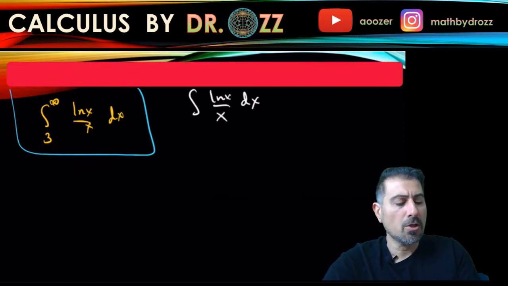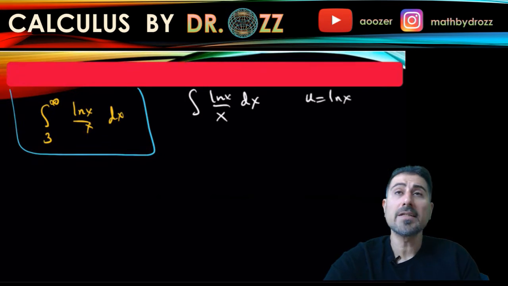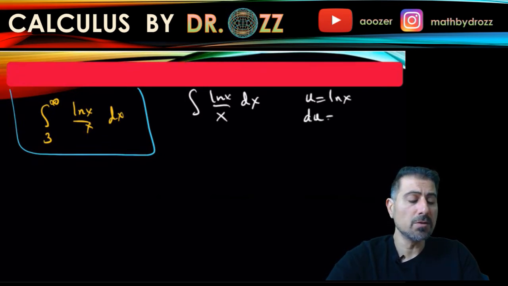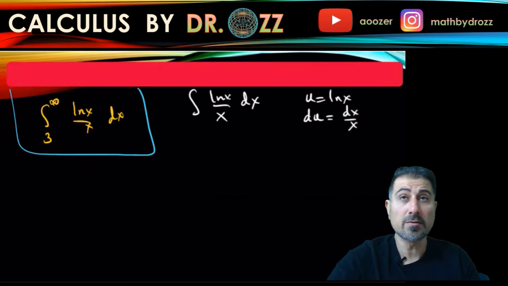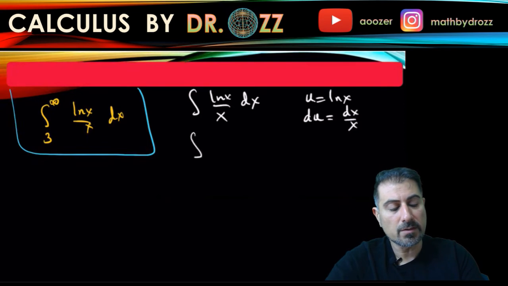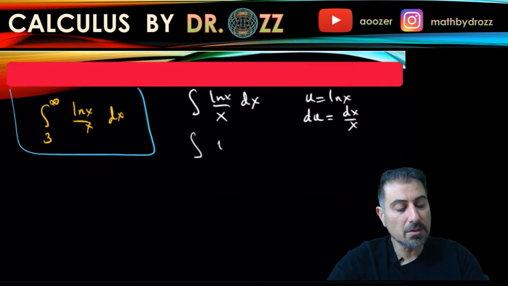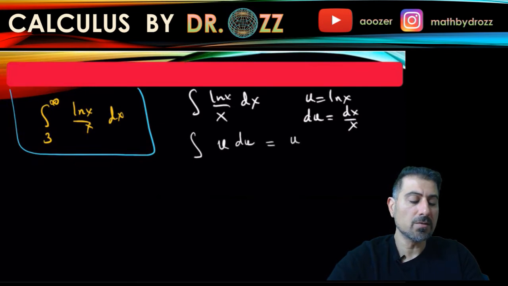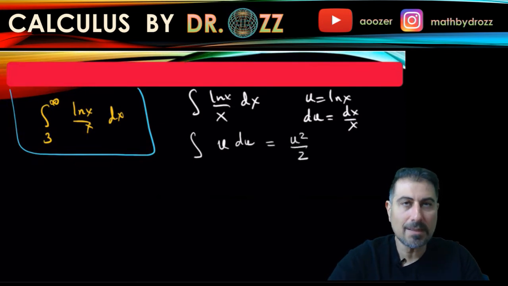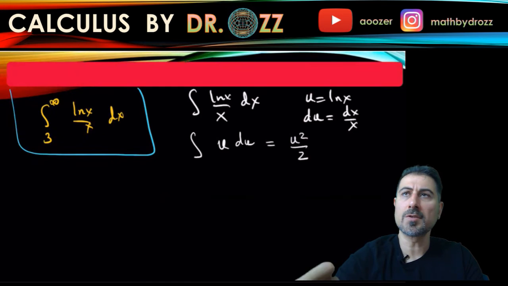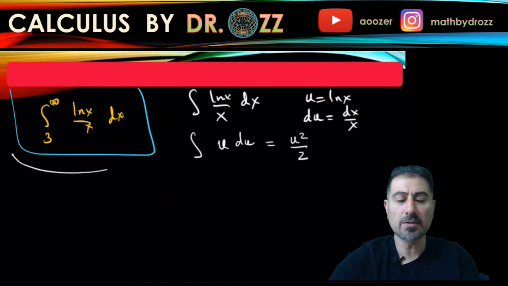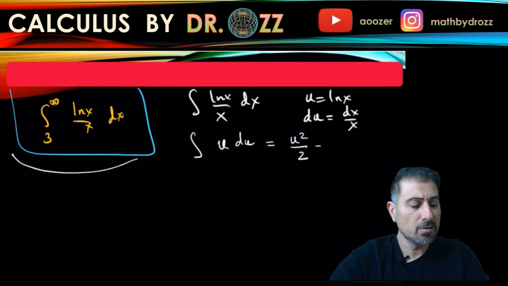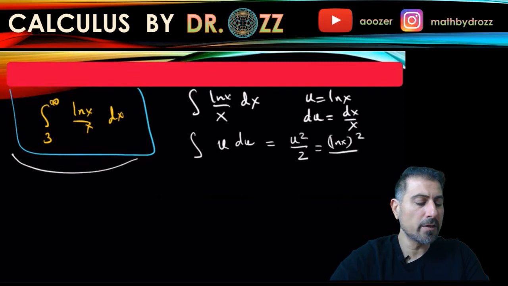So why don't we let u be ln x, so that du equals dx over x, 1 over x dx. It's a u substitution problem essentially. So this integral is turned into a u du type integral, and we know how to integrate this. This is u squared over 2 plus c, but I don't need to worry about plus c because I'm going to use it for the calculation of this integral here. So u squared over 2 is (ln x) squared over 2.